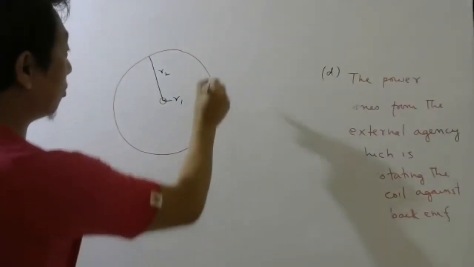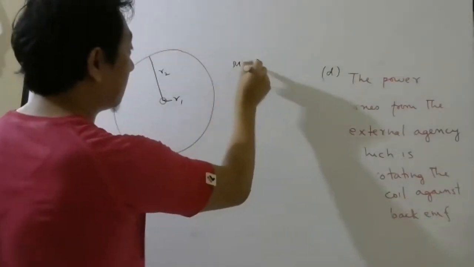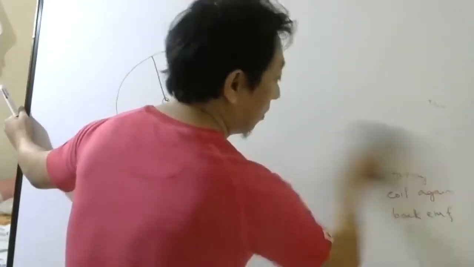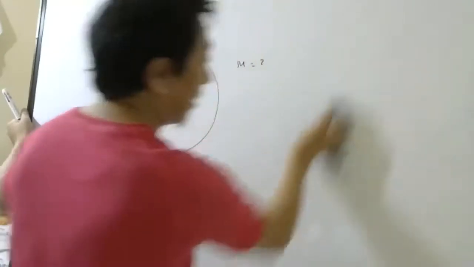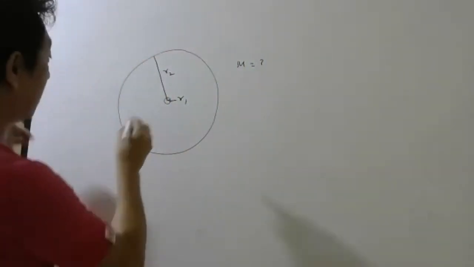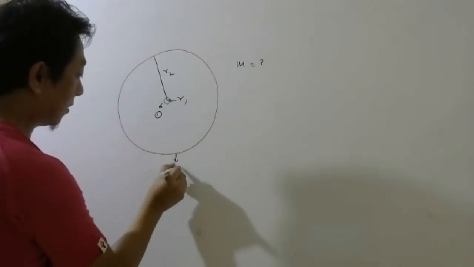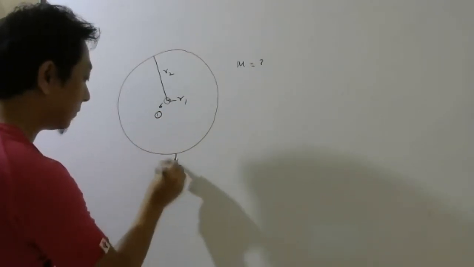We have to find the mutual inductance. Let us call one of the coils number 1 and the other coil number 2.